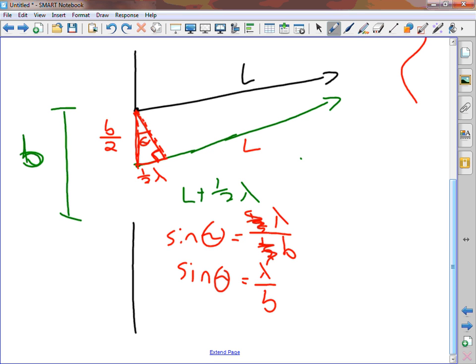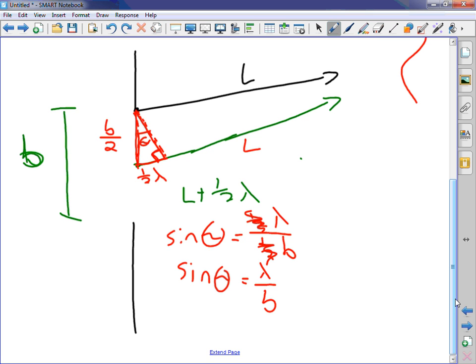I want you to type in the sine, in radians, of 0.01. What do you get? 0.01, right? Now sine of 0.05. What do you get? 0.05, right? Let's go up a little bit more.